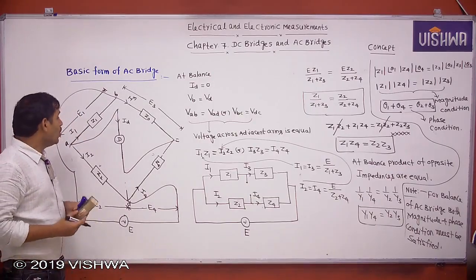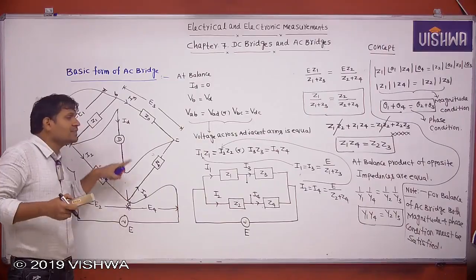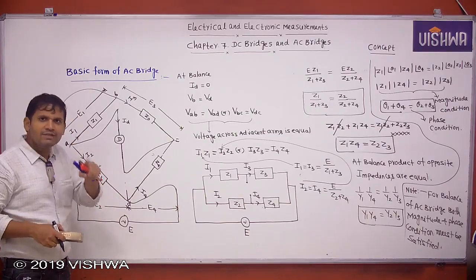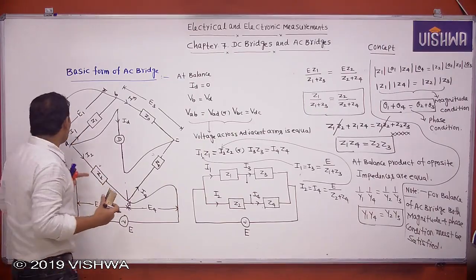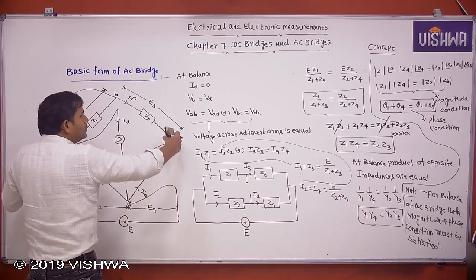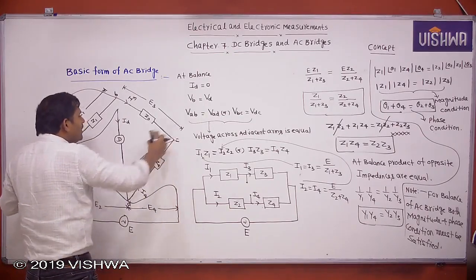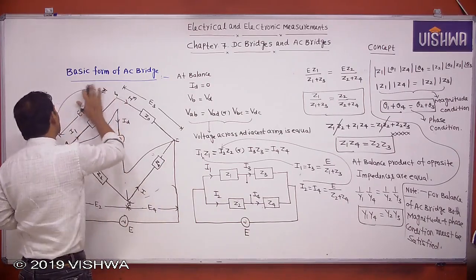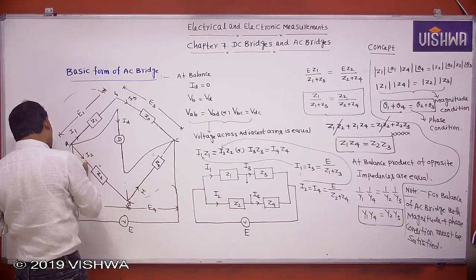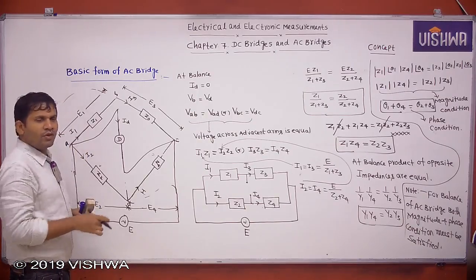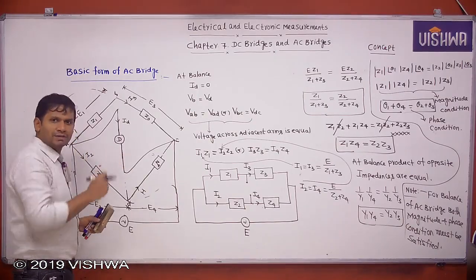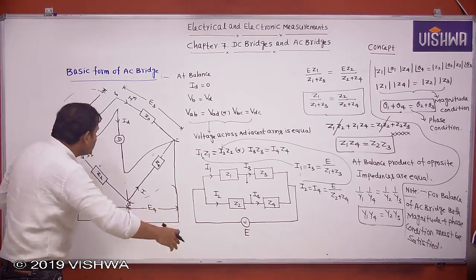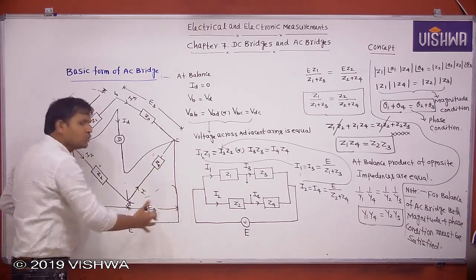But don't connect source and detector to the same terminals. That is important here. For example, I am connecting the detector between A and C, and I am connecting the source also between A and C. If you connect like this, the bridge can never be balanced. Why? The voltage across the detector is always equal to the source voltage.